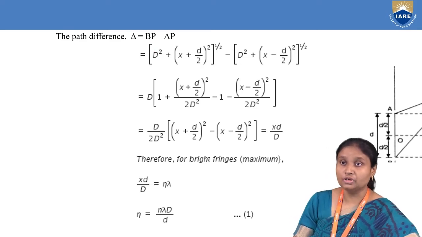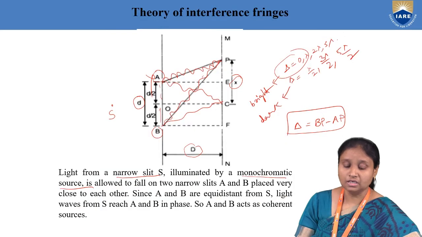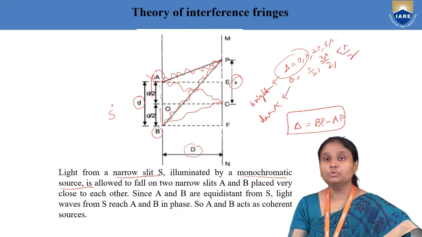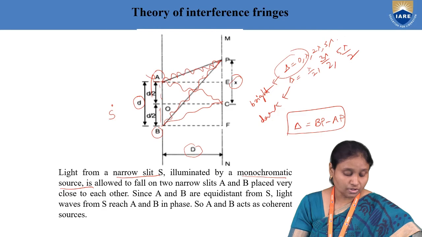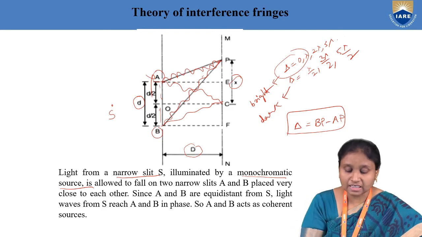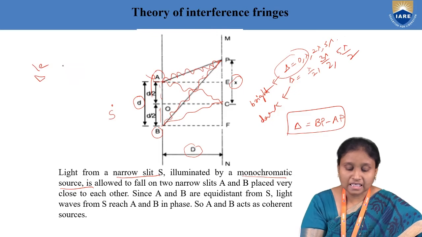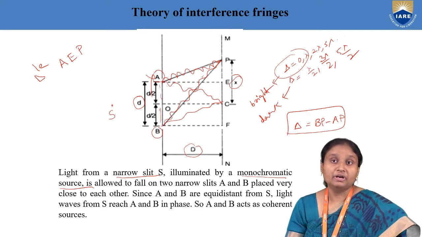So for that, coming back to this formula, as we have taken our path difference BP minus AP, here I am going to make use of two right angle triangles. What are those two right angle triangles? First, I'll take right angle triangle AEP. From this triangle, I'll try to find AP.